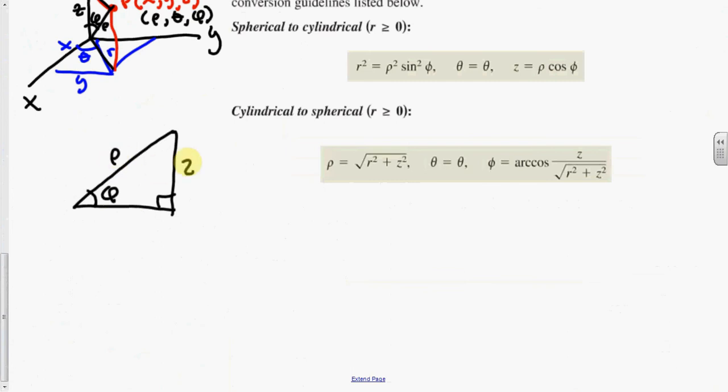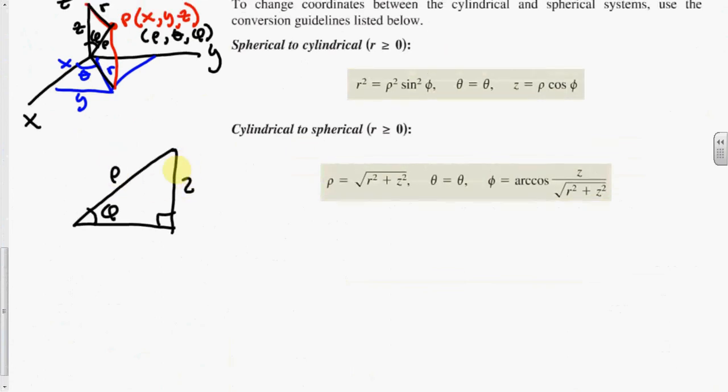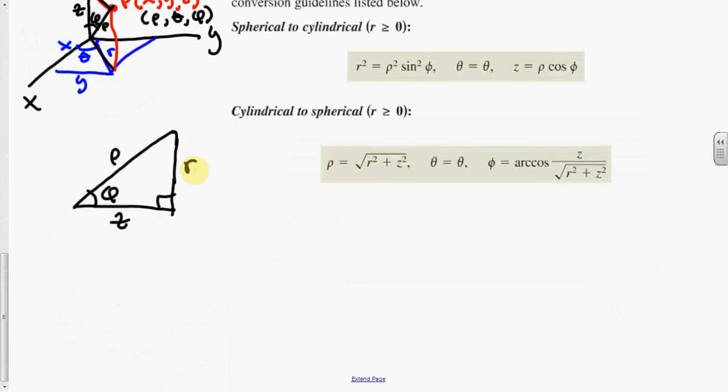This is rho. That's r. This is z. z is next to it. This is r over here. Good. So now let's write cosine, sine, and also tangent of this phi angle.